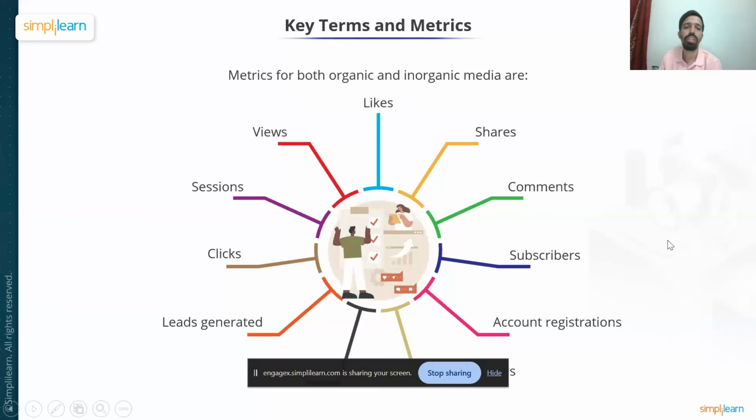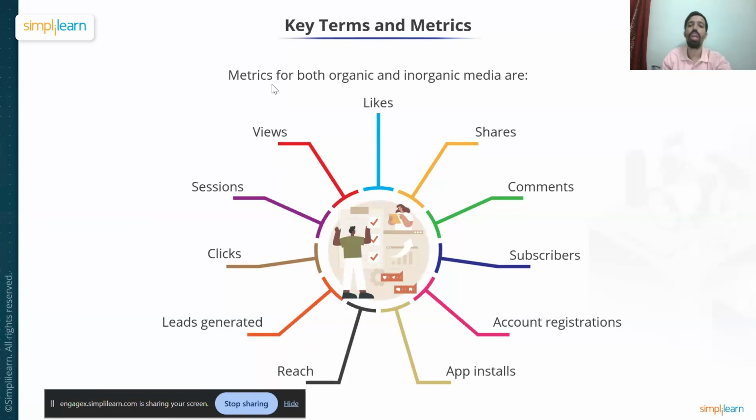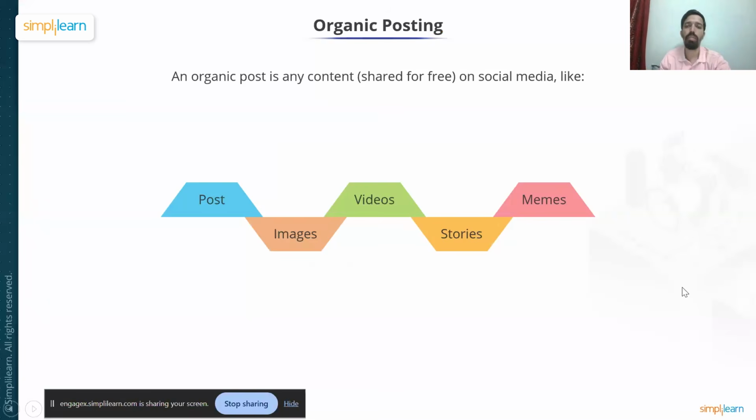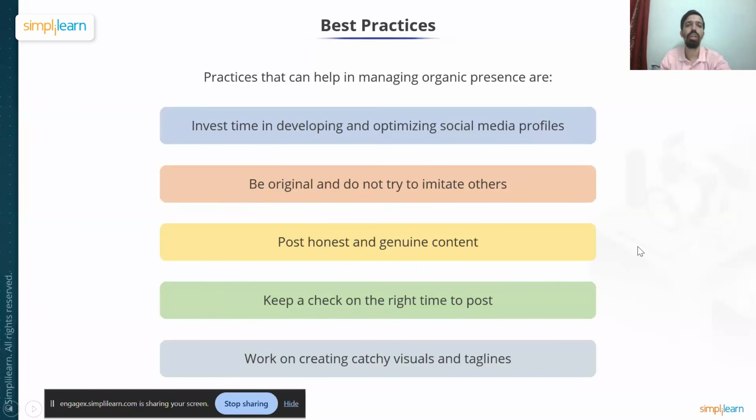These are some of the small metrics: like, share, comment, subscribe, account registration, app install, reach. This is the ads one. This is organic: reach, lead generation, clicks, sessions, views. Both are very much important. Tracking is specifically for the marketing aspect. Organic: posting images, videos, stories. Memes are also trending right now, so you can try memes also.